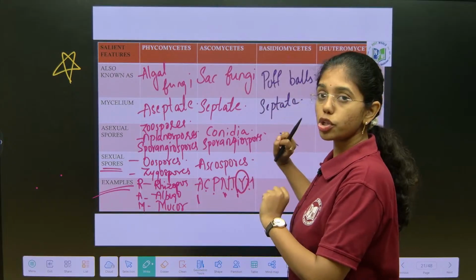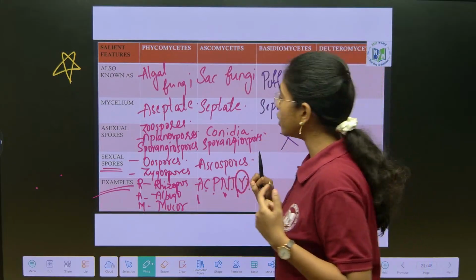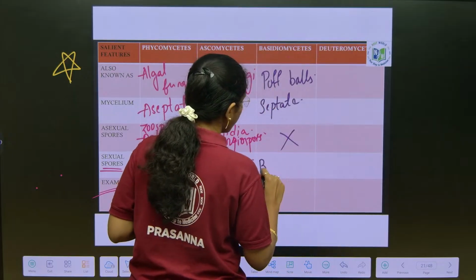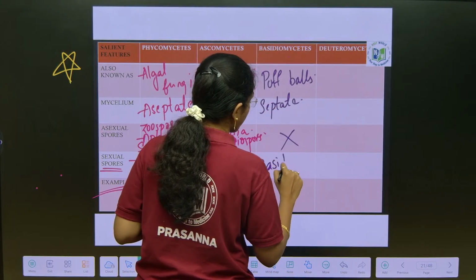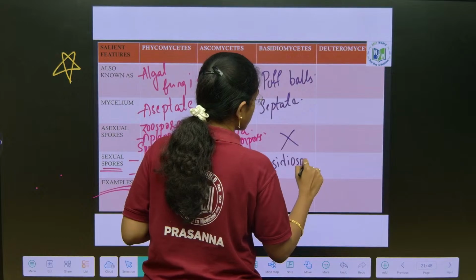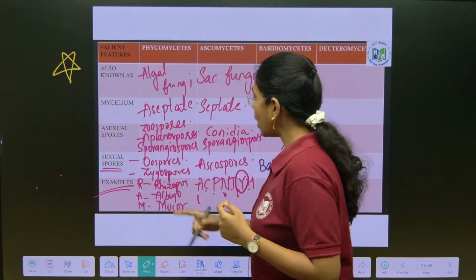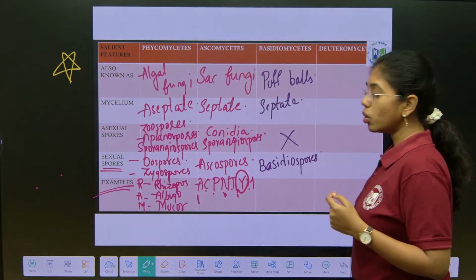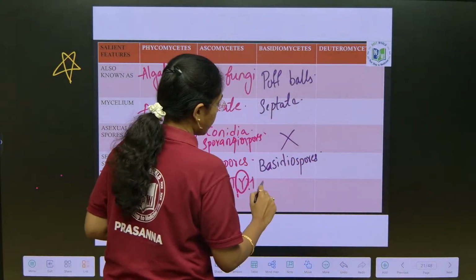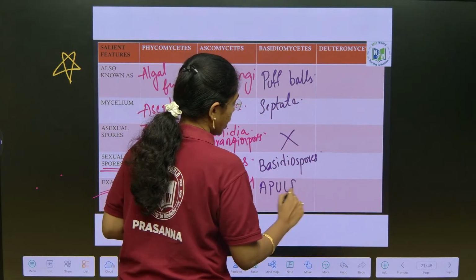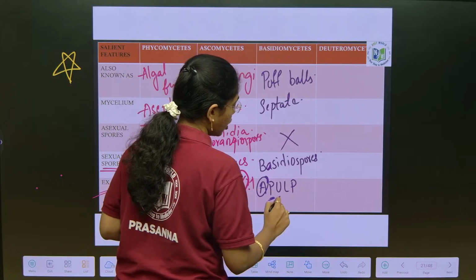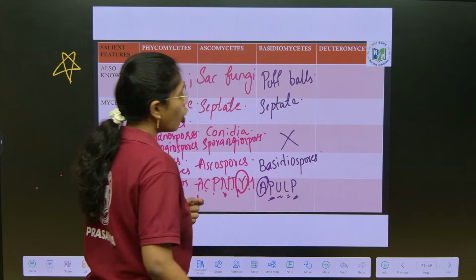The only spores are sexual spores which are exogenously released. Sexual spores include what? Basidiospores.